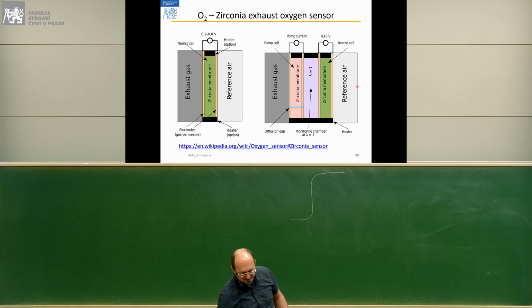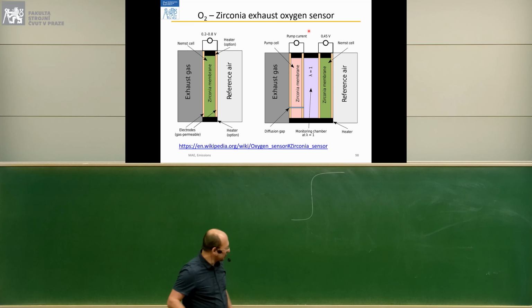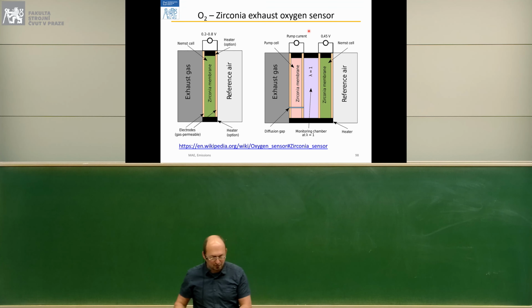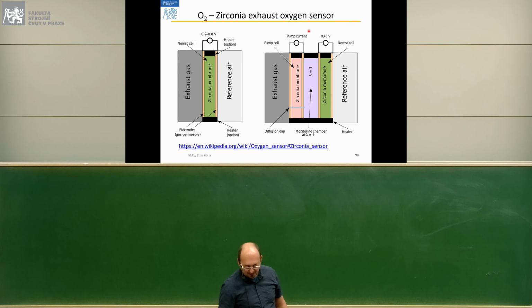There are oxygen sensors that are able to measure a wide range of air-fuel ratios, and they work on the principle that you have two cells. You have an oxygen sensor facing reference air and a reference chamber at which you try to maintain stoichiometric air-fuel ratio, lambda 1, and whether you have it or not, you can see from this oxygen sensor.